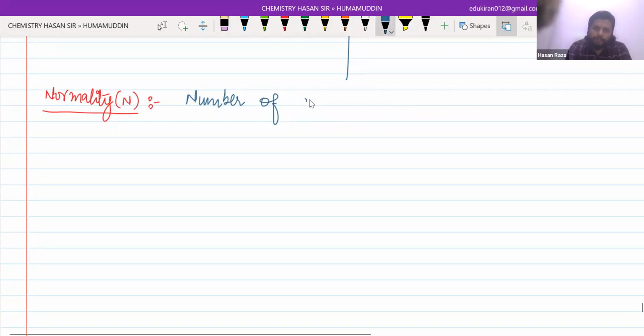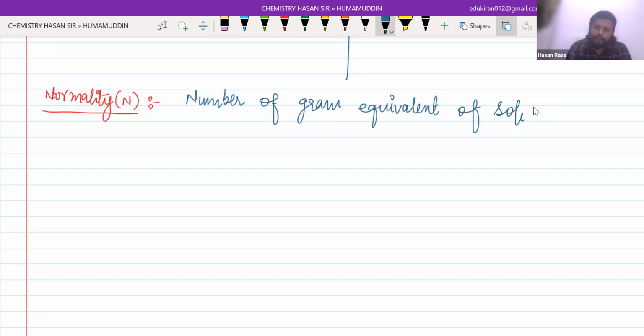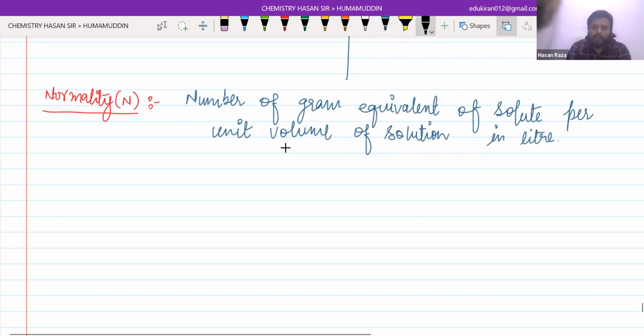Number of gram equivalent of solute per unit volume of solution in liter. Normality and molarity are almost the same, but the difference lies here.